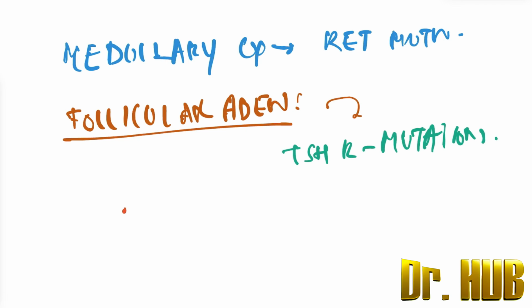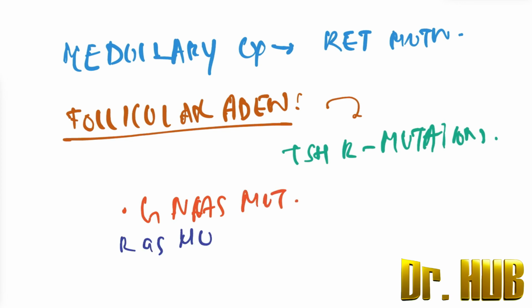Next is the GSA, GNAS mutation, and the RAS mutation. The RAS mutation is seen in less than 20% of the cases.